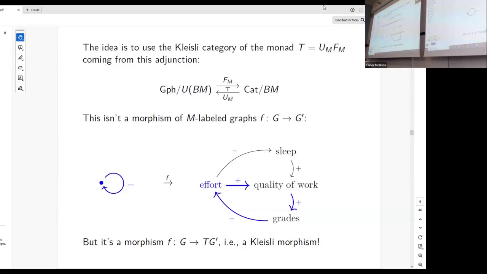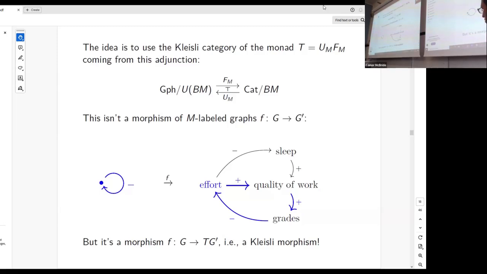Whenever you have a monad, if you've been well brought up, you get interested in what are called Kleisli morphisms, the Kleisli category of that monad, and that's what's going on here. We do not have a map of M-labeled graphs from this little one to this big one, but we do have a morphism from the first one to T of the second one, where T is this monad.